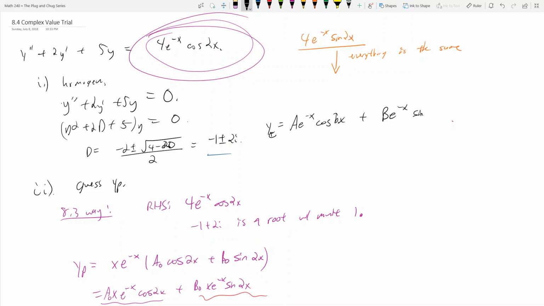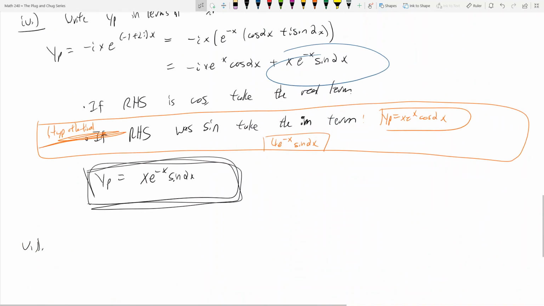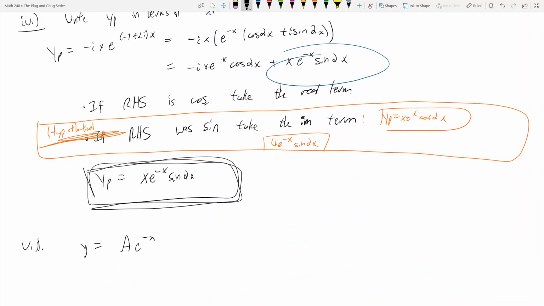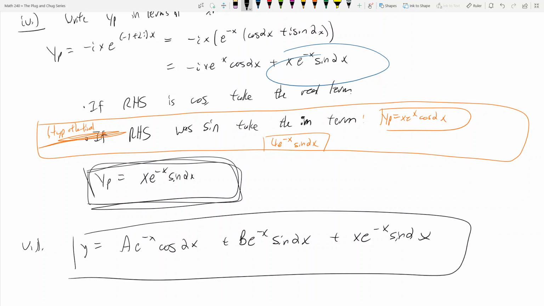So b is 2, right? So now our general solution y is equal to a e to the negative x cosine 2x plus b e to the negative x sine 2x plus x e to the negative x sine 2x. And this is the general solution, where you have the homogeneous plus the particular.